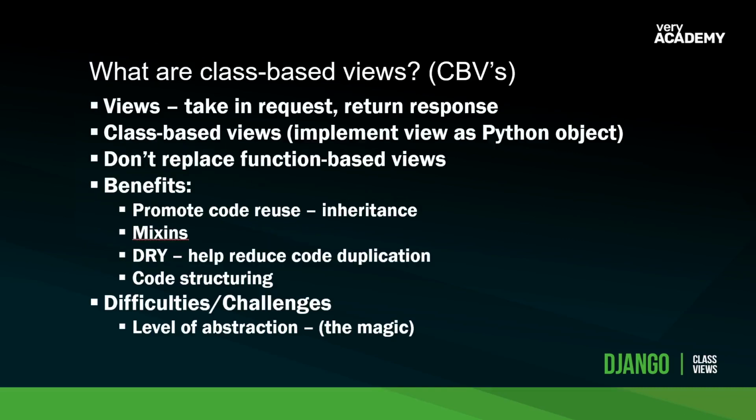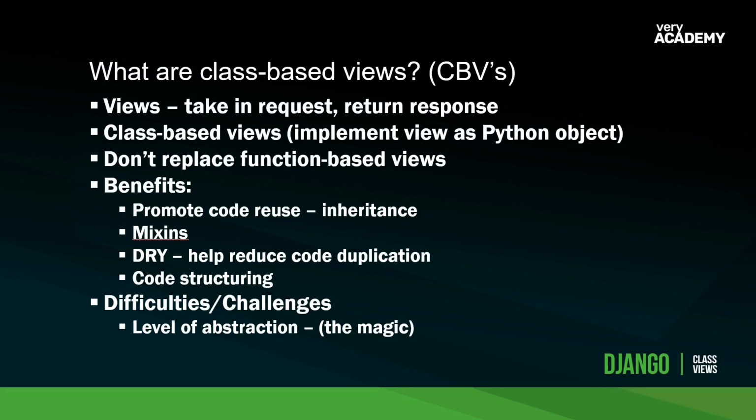So let's answer the question, what are class-based views? In Django, a view is described as a callable. So it takes in a request and it returns a response. Generally, we use a URL to connect and direct requests to the views. You've probably seen in Django, there's two approaches to creating views, a function-based approach and a class-based approach.